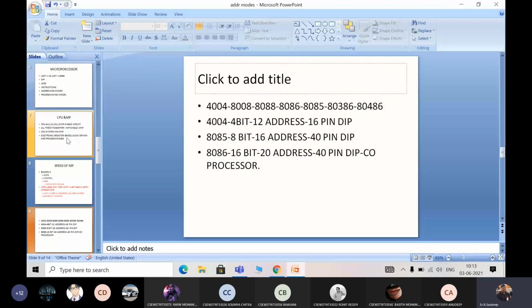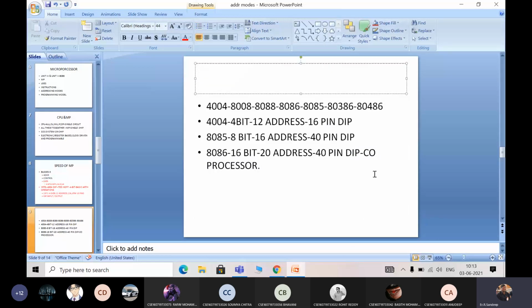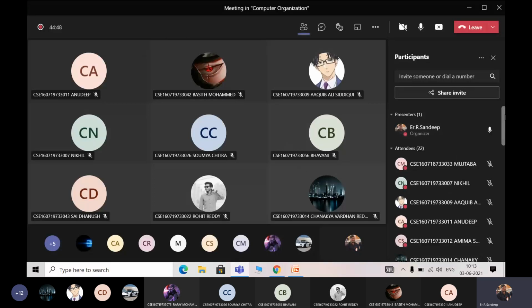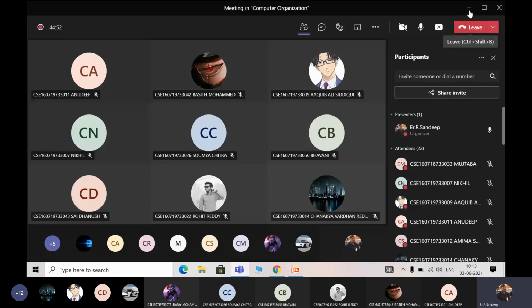Tell me what is coprocessor mode? What I explained about the coprocessor? If you know, say yes or say no. I will tell again. What is coprocessor?